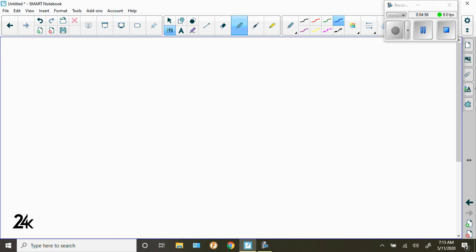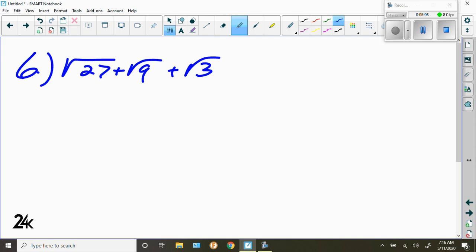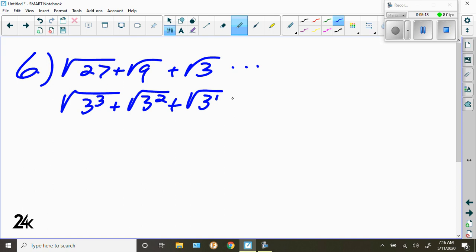Number 6. Number 6 looks like this. Square root of 27, square root of 9, square root of 3. And obviously that is the square root of 3 cubed, the square root of 3 squared, and the square root of 3 to the first. Dot, dot, dot.